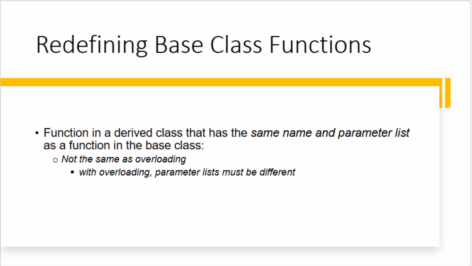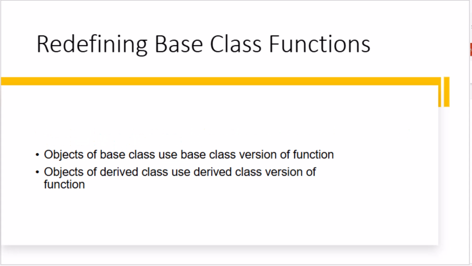You can create a function in the base class and create that exact same function inside of the child class. When you do that, it's called redefining the function. You have to keep in mind that when you create an object of the base class, it uses its version of the function. If you create an object of the derived class, the derived class will use its version of the function.